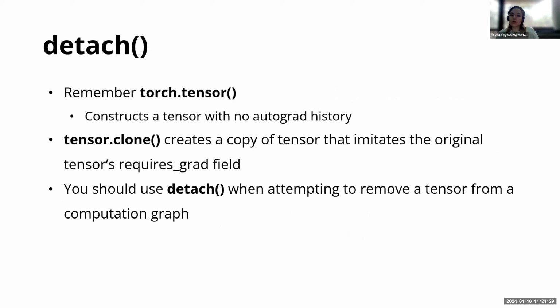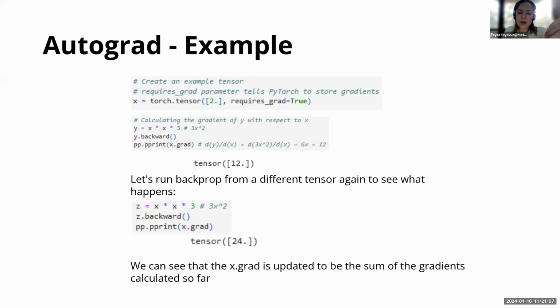If we remember, torch.tensor is our main method to construct a tensor, and it constructs tensors with no autograd history and no requires grad attribute. In contrast to torch.tensor, torch.clone creates a copy of a tensor that imitates the original tensor's requires grad field. So if we have the tensor x here and we call torch.clone on x, we get the same value for the requires grad attribute.